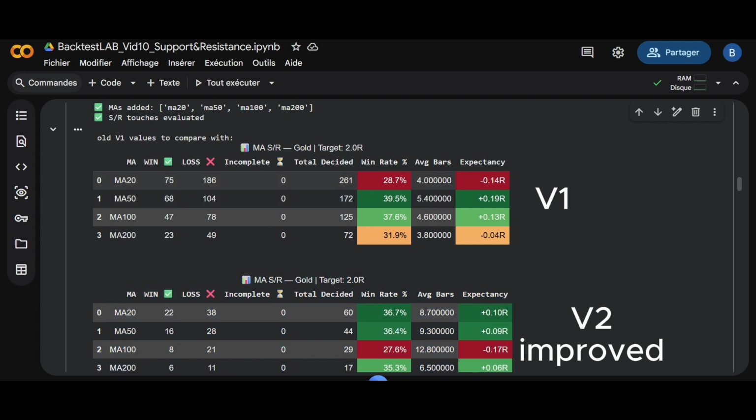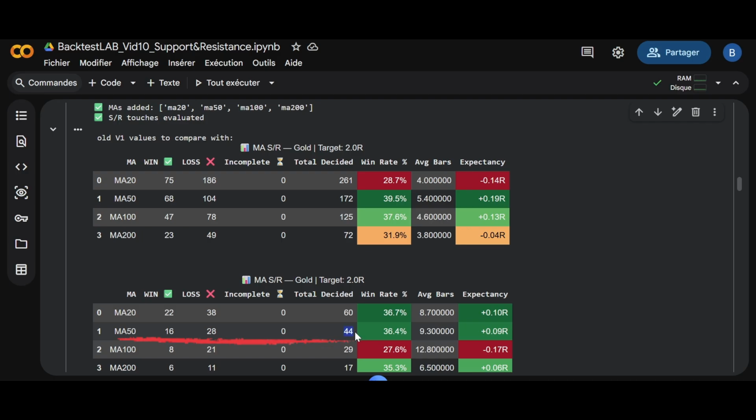So if we check the first one, which is moving average 20, we can see that we had previously 261 trades and the win rate was around 29%. We improved it to 37%, and here we had 60 trades. If you move to the moving average 50, you can see that we had considerably fewer trades, so 44 compared to 172.